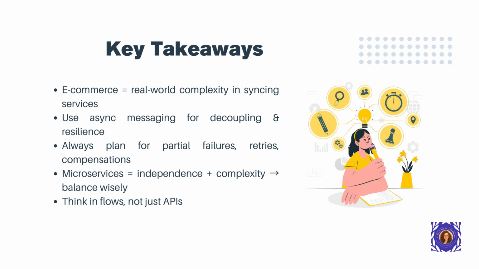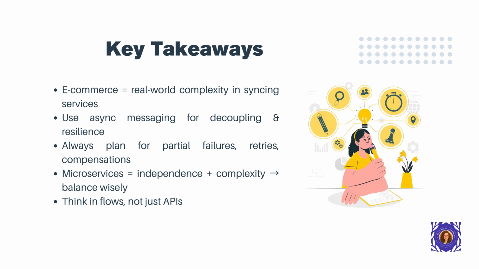Let's wrap up with the key insights that will serve you well in both interviews and building real systems. E-commerce platforms represent real-world complexity in distributed systems. Unlike a simple CRUD application, you're dealing with money, inventory, and user expectations for reliability that approach 100%.